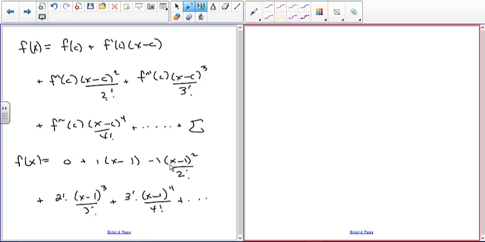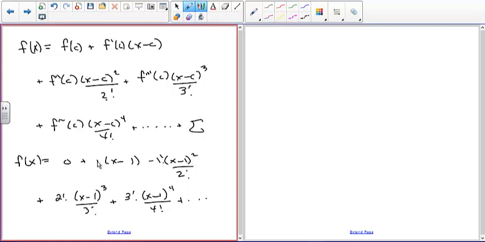And what you can do is, this 1 is 1 factorial, and 1 is also 0 factorial. So what I did there is I'm just putting those in so that we can come up with the equation. So I had 1, the coefficient was 1, but 1 is also 0 factorial.